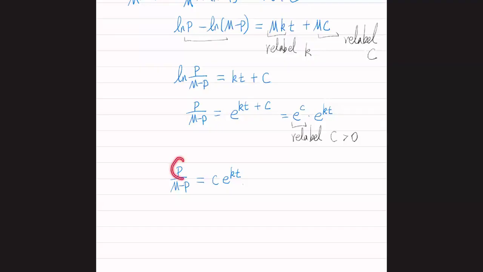Now, how do we solve P from this equation? Sophia, what would you do? We multiply both sides with M minus P. Yeah, that works. M minus P would distribute.